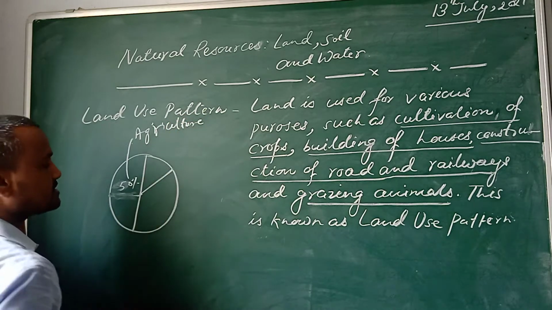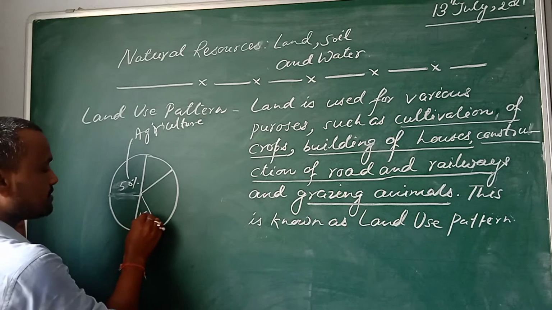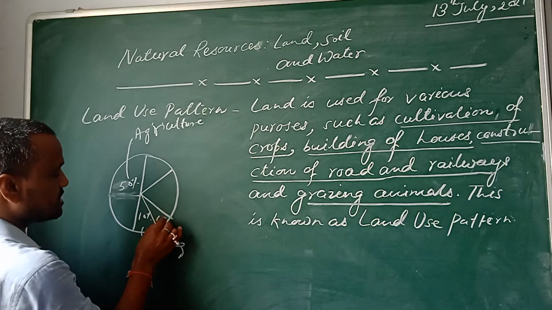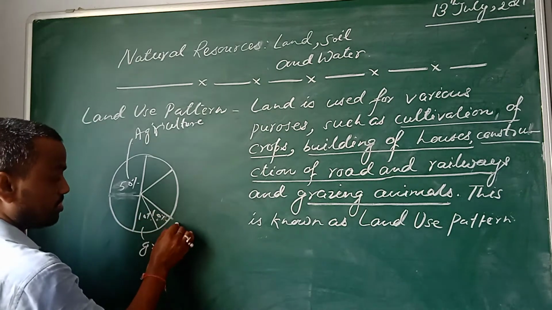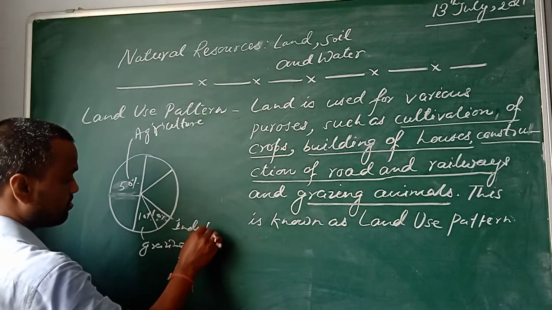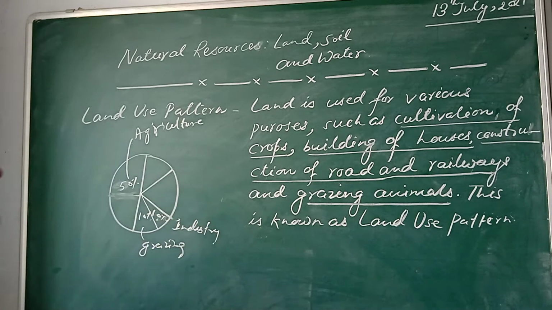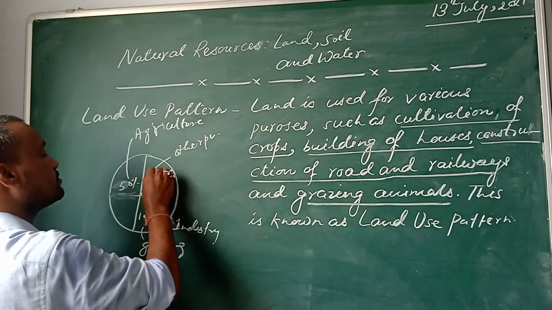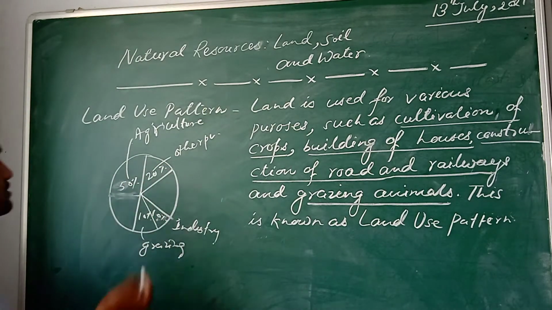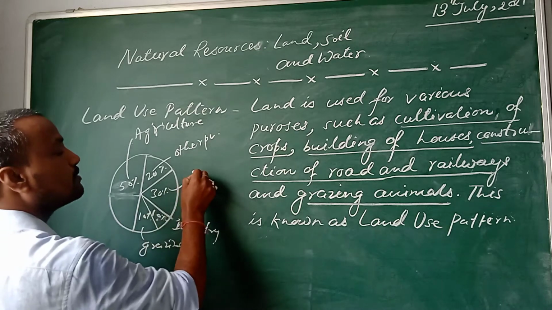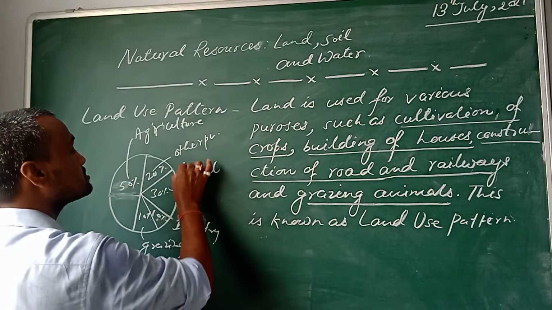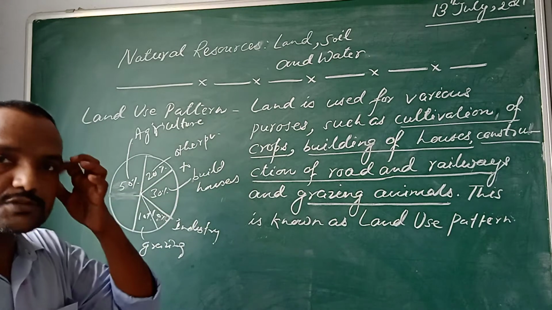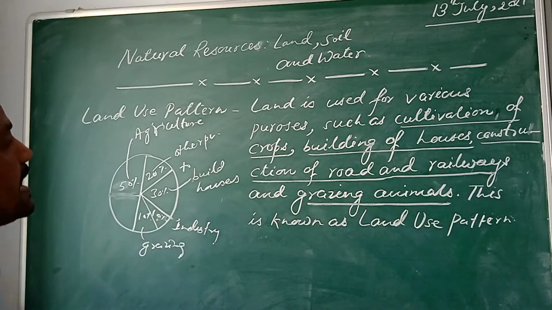Next is 10% for grazing, 10% for industry, and for other purposes say 20%, and 30% has been used to build houses. So keeping a record of how land is being used will be called land use pattern.